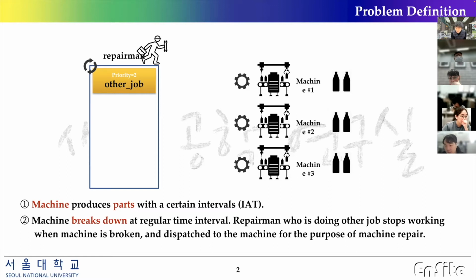However, as soon as a machine is broken, he has to leave his own jobs and go to the broken machine, repair it, and come back to his own jobs and conduct them with the remaining time. In this manner, this machine shop continues.